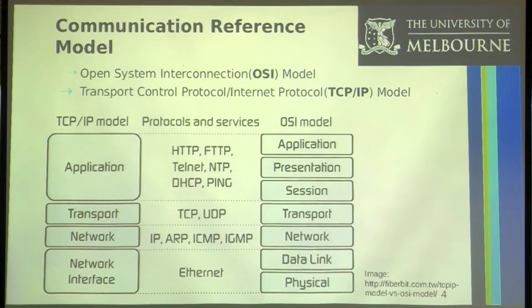There's an OSI model that kind of didn't take off, a way of describing the network layers and what happens, but we're very much concerned with TCP, UDP, the transport layer. All of our applications will be built on top of that. There's a bunch of things that happen under there, but we're really not concerned with what happens down here. This is all very much transparent to us.